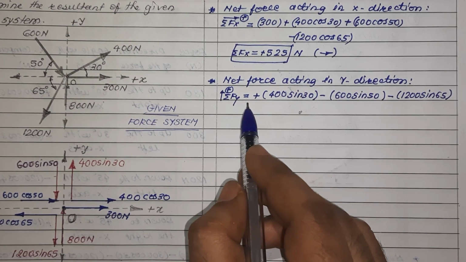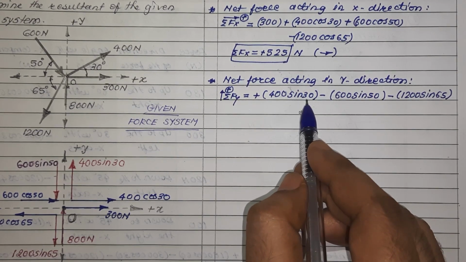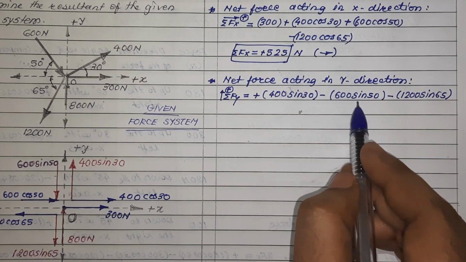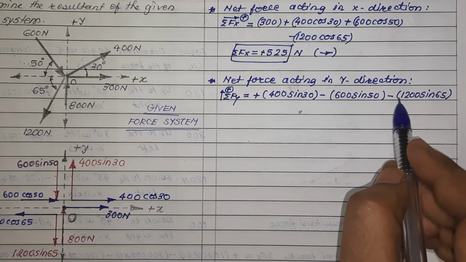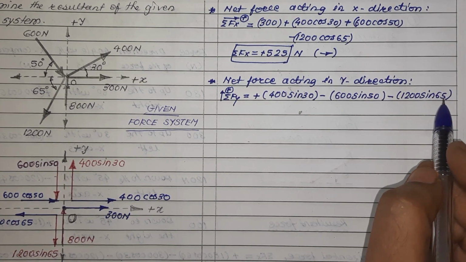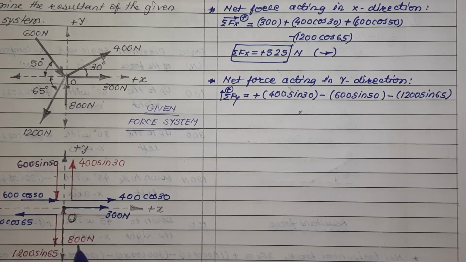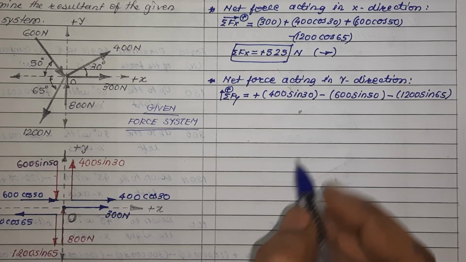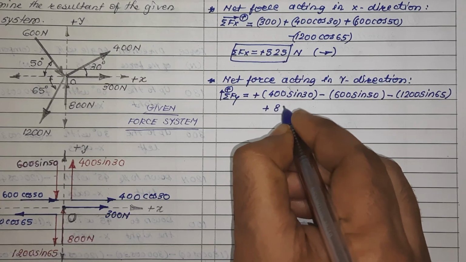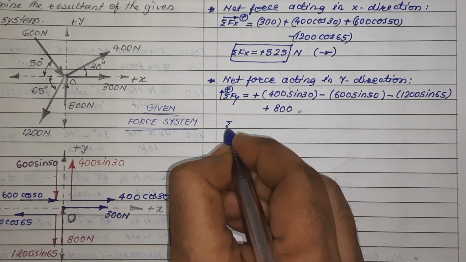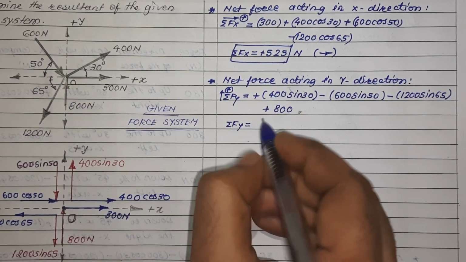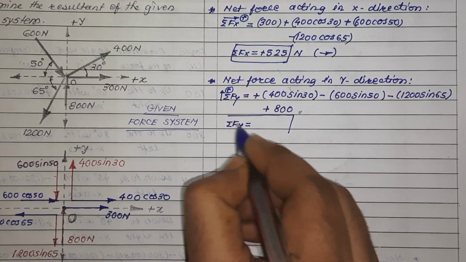Summation Fy is equal to 400 sin 30 positive minus 600 sin 50 minus 1200 sin 65, and the last force is 800 Newton, which is acting upward, hence positive 800. Solving this, we will get value of summation Fy.